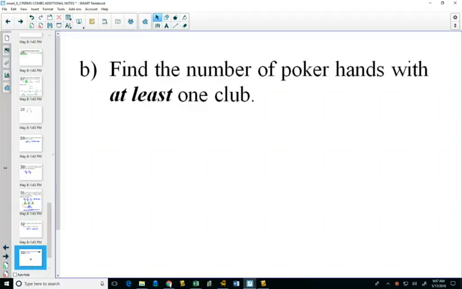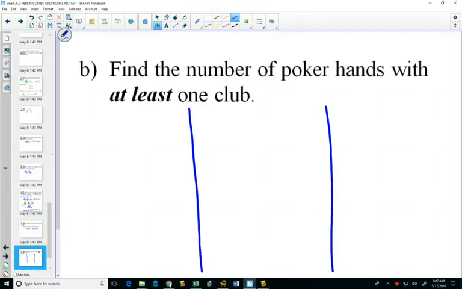You have to figure that out. But I'm going to sell them to you that they all make perfect sense, and they are all the best way to solve this question. Are you ready? Okay. We need to find poker hands with at least 1 club. So I'll split this into 3.